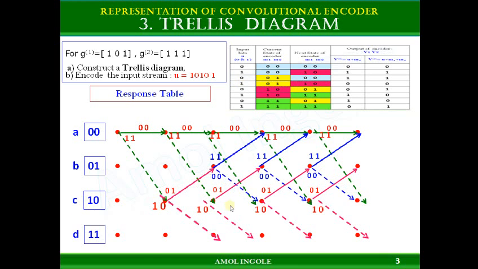So here is the 1 0 state. So you can show it with a dotted line, because input bit 1 is given, and these 0 0 represent the output for that. Okay, so we have completed this 0 1 state as well.